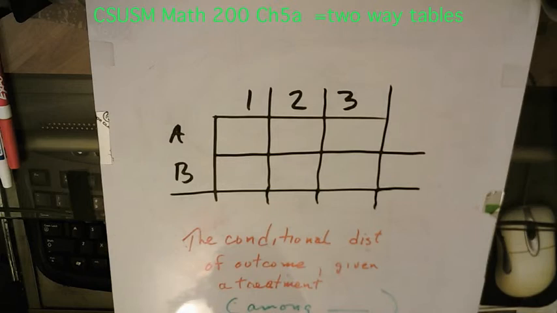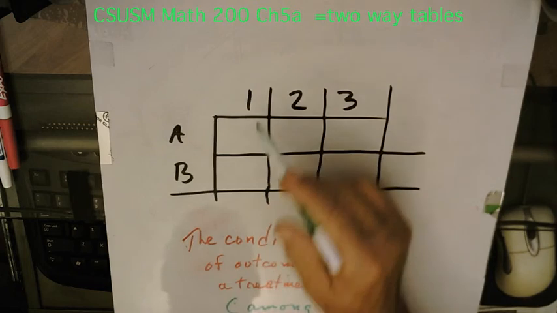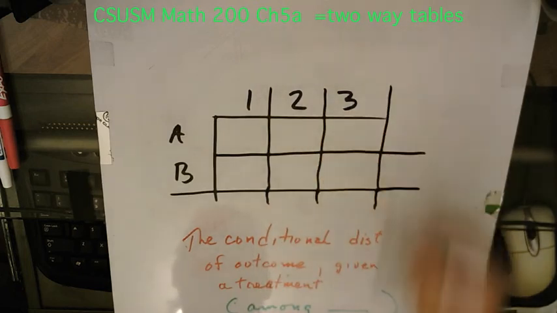Chapter 5 discusses the idea of two-way tables, and it discusses the definition of two-way tables as the comparison of two different categorical variables. Here I show category A and B versus category 1, 2, and 3.